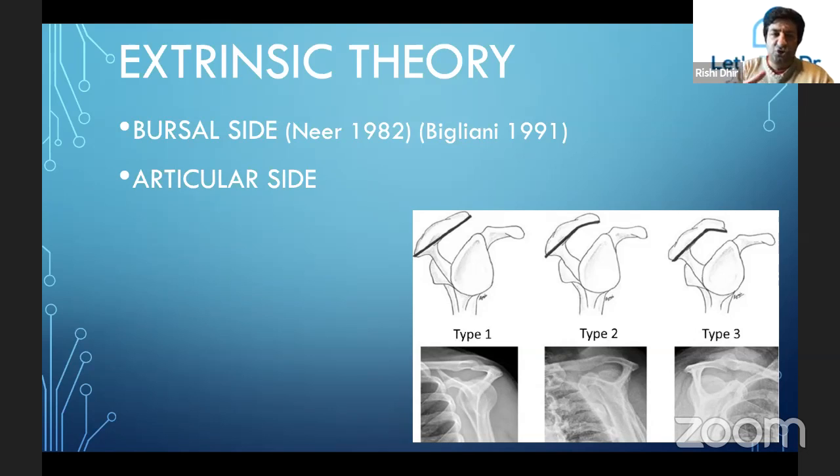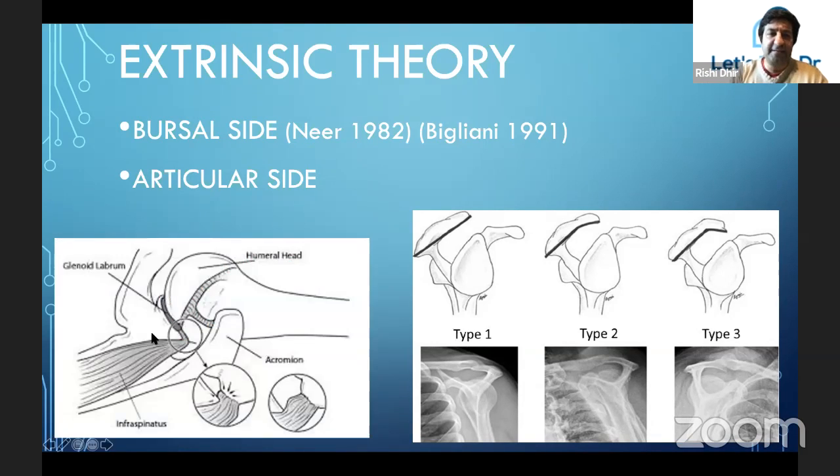So you get this triad of anterior capsular laxity, posterior contracture, and internal impingement, which was first described in overhead athletes by Gilles Walsh in 1991 and then Jobe in 1995, okay? So you can see that in this picture here. The person's shoulder is in abduction and external rotation, and essentially the cuff is getting trapped between the humeral head and also the postero-superior labrum in extreme abduction and external rotation.